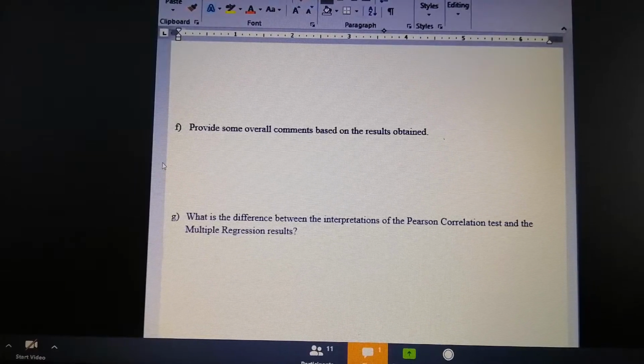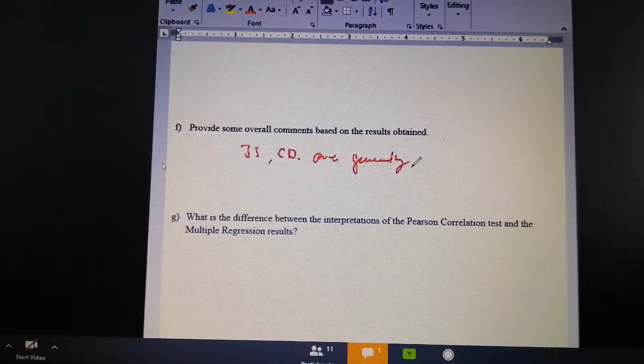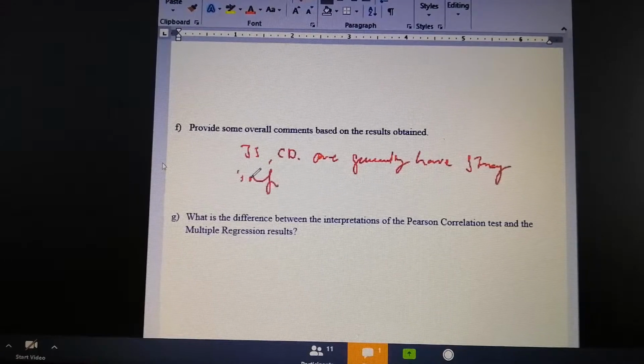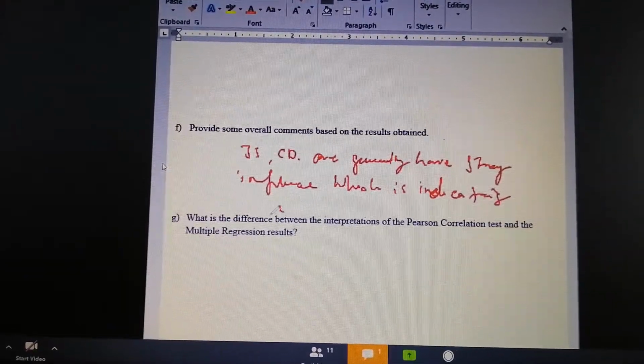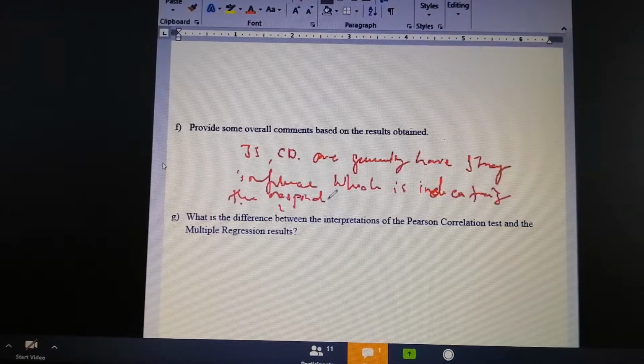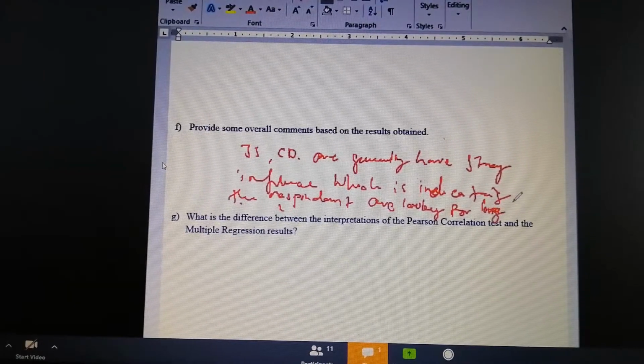You can say that, in short, job security and career development have a strong influence, which is indicating the respondents are looking for long-term stability. Okay, so you can conclude that.